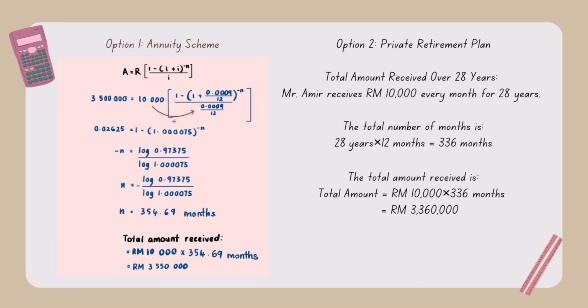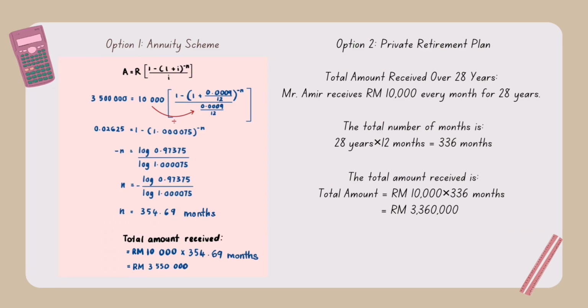Using the present value formula, where A is the present value or initial value equals 3,500,000 ringgit, and R is the periodic payment equals 10,000 ringgit, and i is the periodic interest rate equals 0.0009 divided by 12. n is the term of the loan or investment, which is unknown in this case. So we must find n to know how much the total amount received for an annuity scheme.